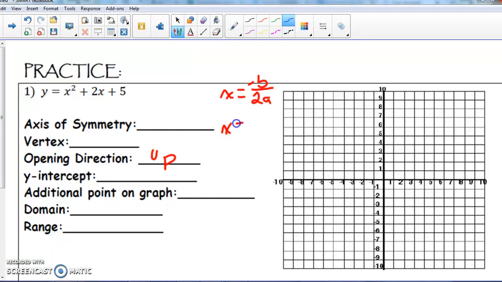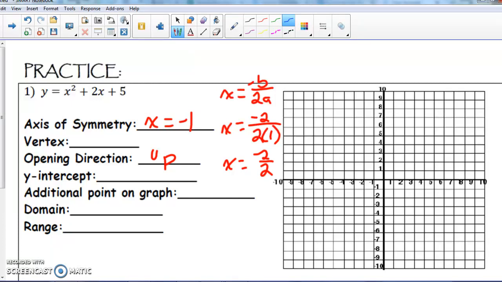So in this case, b is positive 2, so the opposite of that is negative 2 over 2 times 1. Clean up my denominator, 2 times 1 is 2, so I have negative 2 divided by 2. The axis of symmetry is at x equals negative 1.